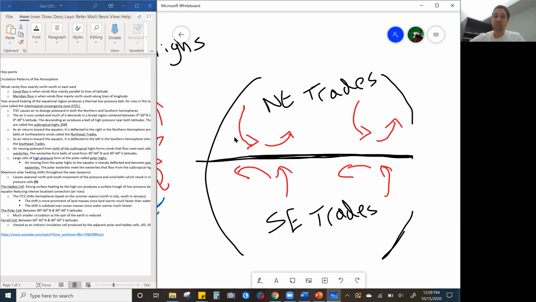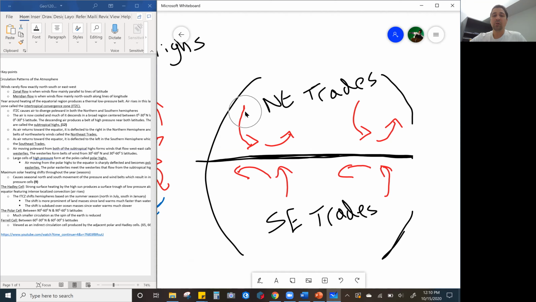As the air returns to the equator, now we're looking at the Earth from a straight-on position. What ends up happening in the north is that it is deflected to the east, so the winds flow from west to east. Maybe my finger's not helping, and I'm sure you're looking at it the opposite way. Look at the graphic, that's what's important.